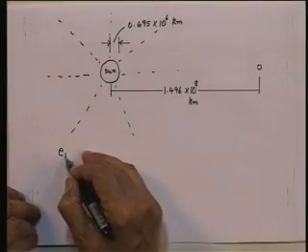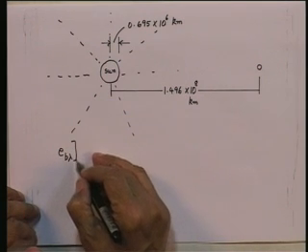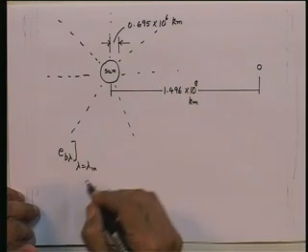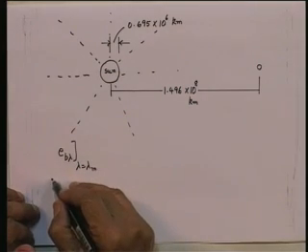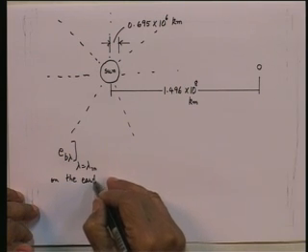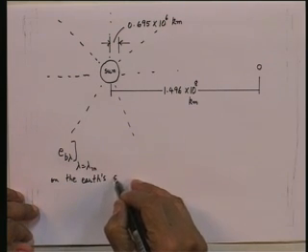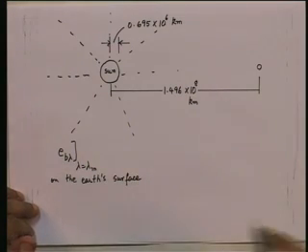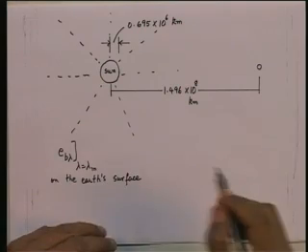Therefore, E b lambda at lambda equal to lambda max on the earth's surface, the value will be inversely proportional to the square of the radius.